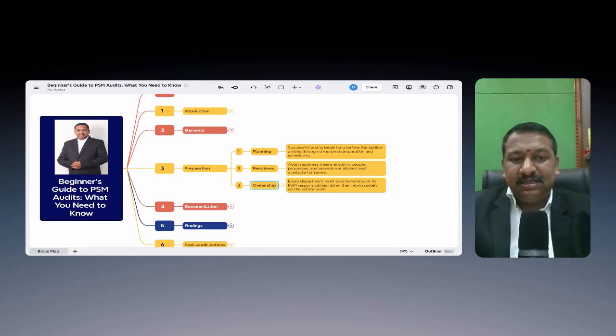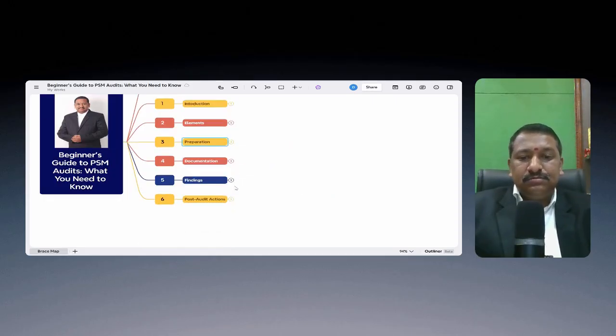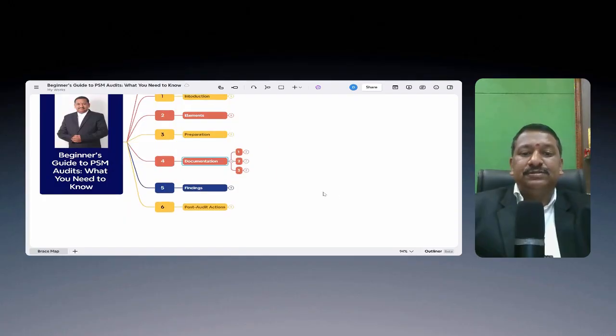No, it is the responsibility of the individual teams, from raw material handling, the manufacturing process, and utilities, to the finished goods storage area and warehouse. So every department must take ownership of every element rather than relying on the safety team.